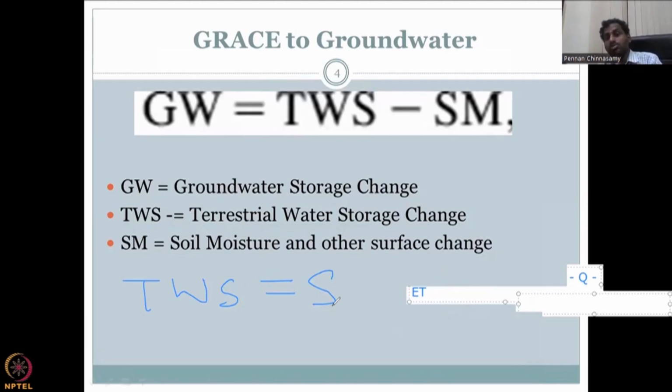And now just to get groundwater, you subtract from the total storage. It is your groundwater storage plus your soil moisture storage, and then your surface water storage. However, surface water, we said it's not happening. It's only your soil and groundwater. So now you can reduce it to just the groundwater.